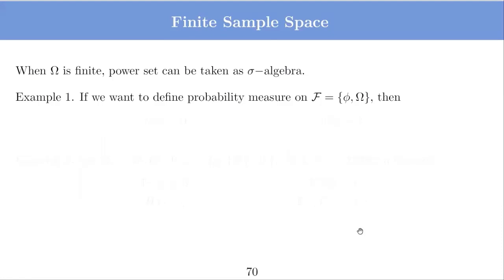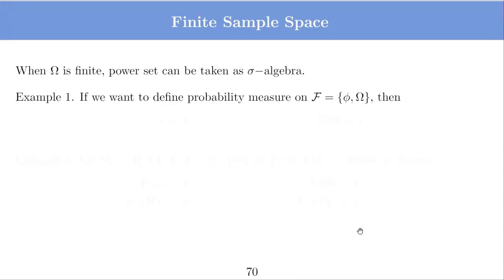What if we take a smaller sigma algebra, which is made only from phi and omega? We have already shown that it satisfies all properties of sigma algebra. In that case, you have only two elements of F. What will it take to assign probability measure? We have to assign probability measure to every element of F, and there are only two elements. There is nothing much to do here, because we already know that the probability of phi should be 0 and the probability of omega should be 1.